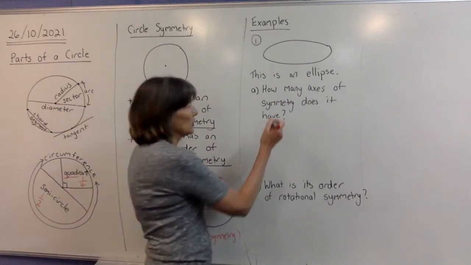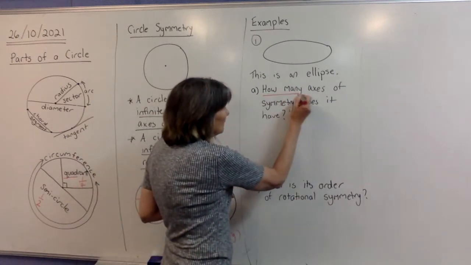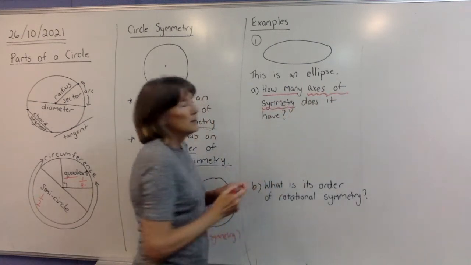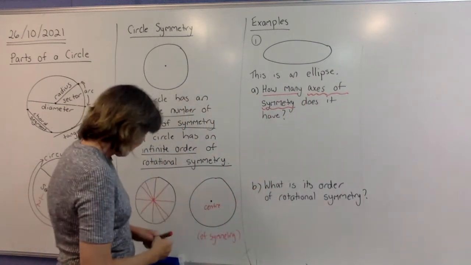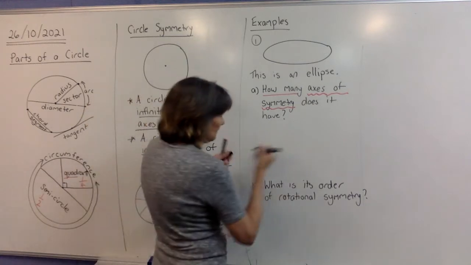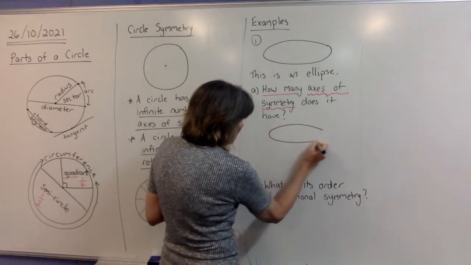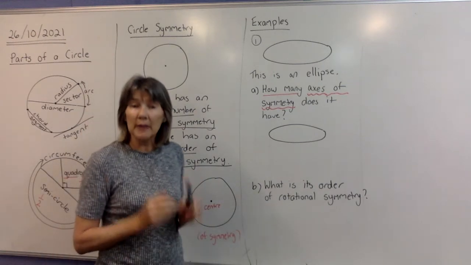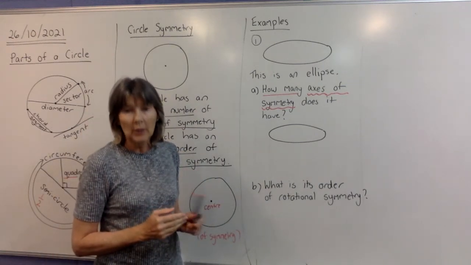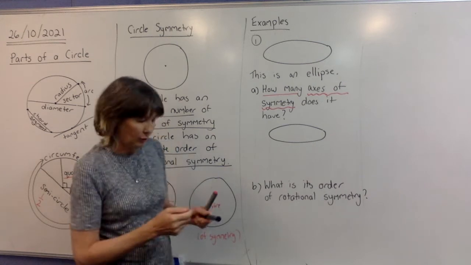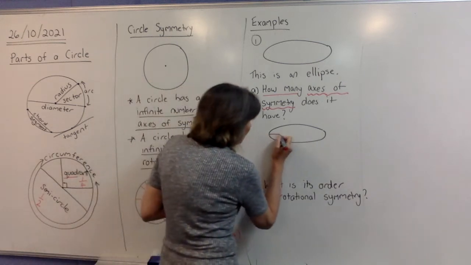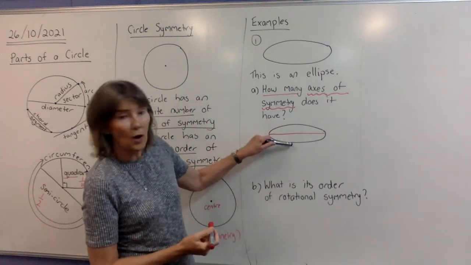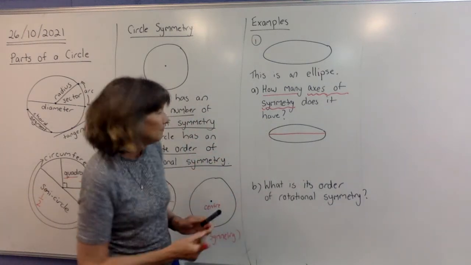Now, this first question says, how many axes of symmetry does it have? So, if we try and just draw this shape again, do your best. In other words, how many lines can I draw to make this fold on top of itself? Well, here's one of them. If I fold along that line, that top half will fold down onto the bottom half.